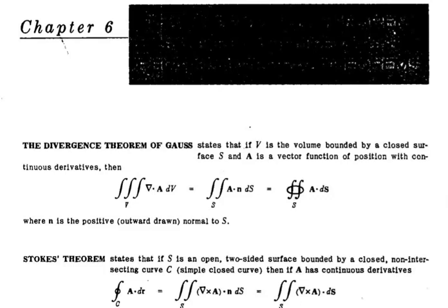The first of these is called the divergence theorem or Gauss theorem. You see it go by both names. But here it's called the divergence theorem of Gauss.